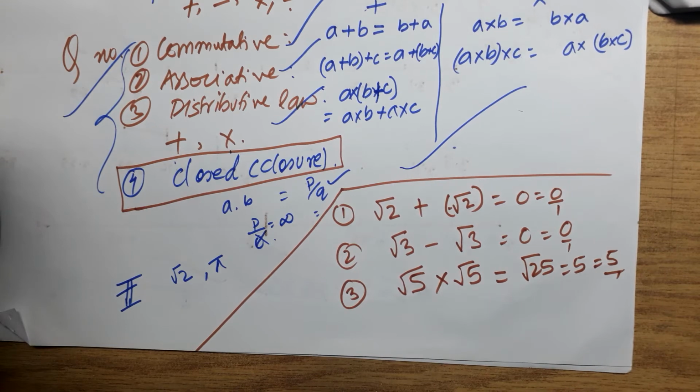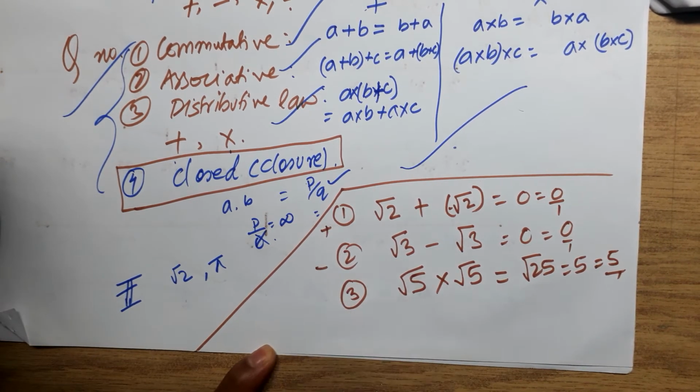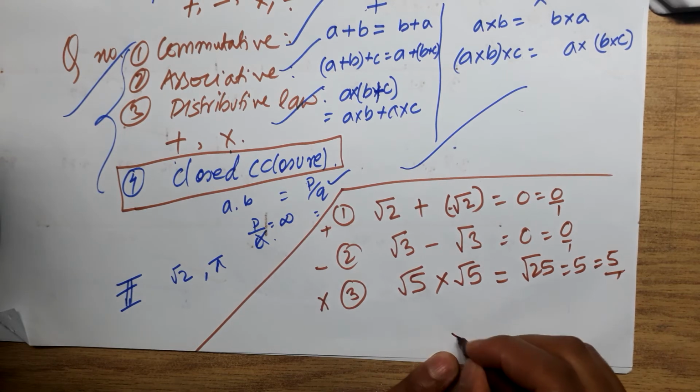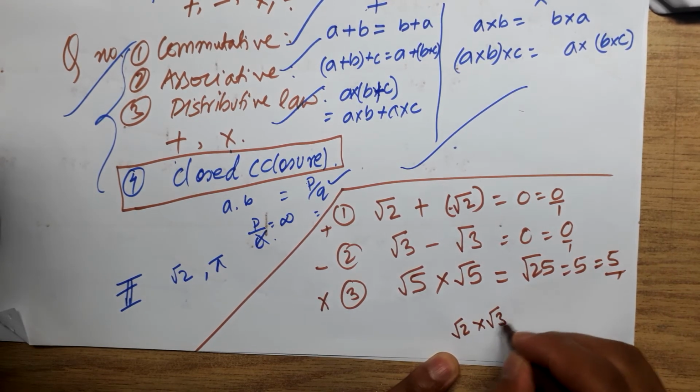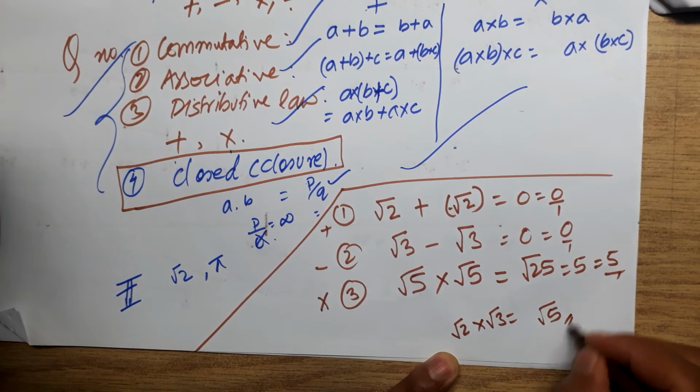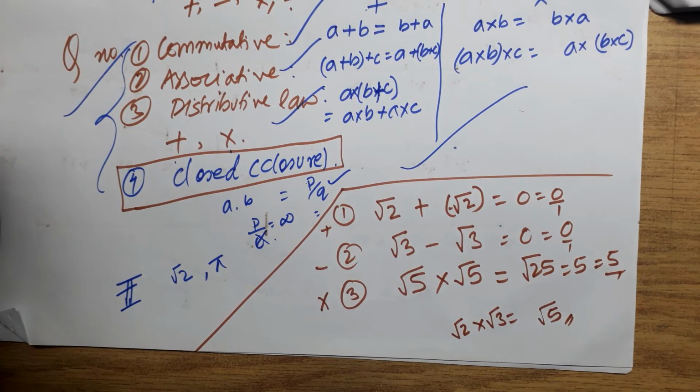Hence, we can conclude that the sum, difference, quotient or product of irrational numbers are not always irrational, but they are irrational in some cases. Example, root 2 into root 3 equals root 6, which is irrational. But this is not true for all cases, only for some cases.